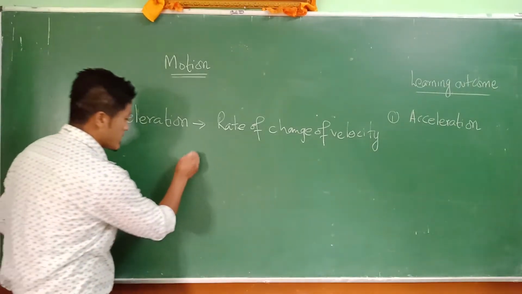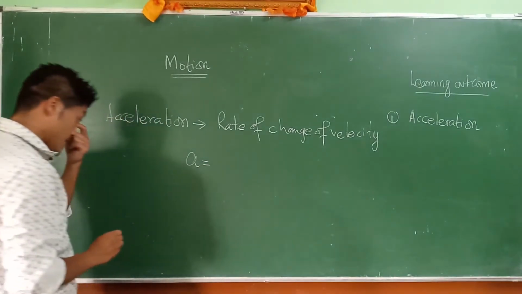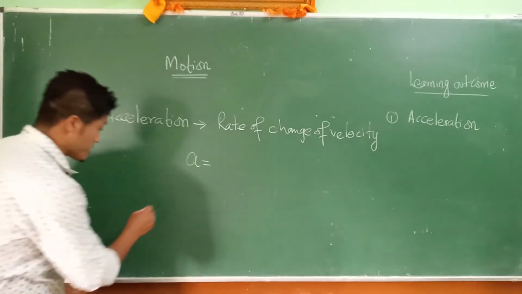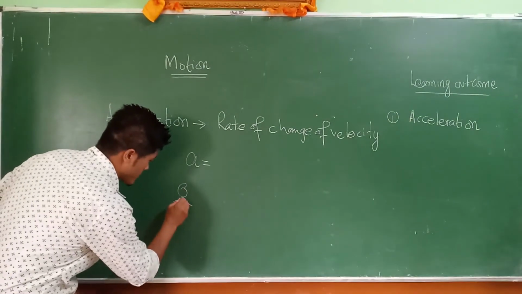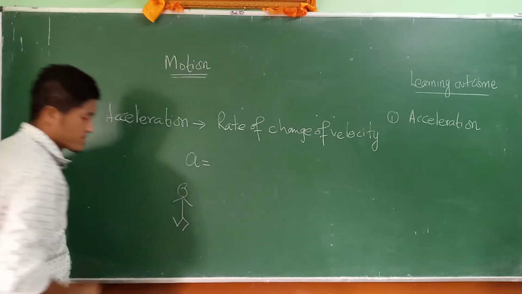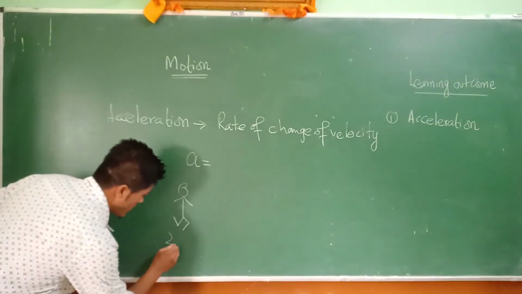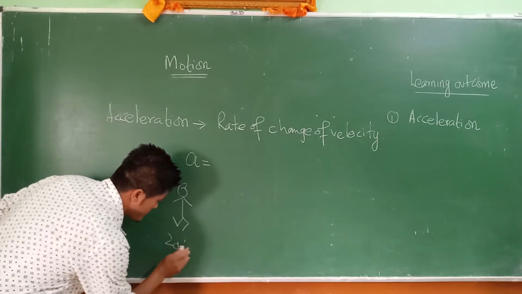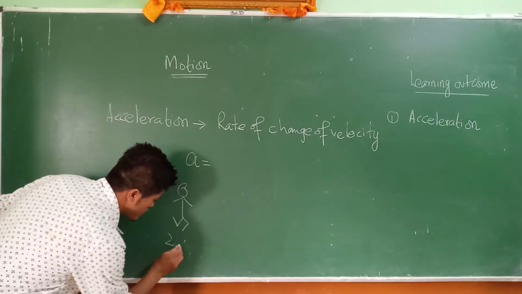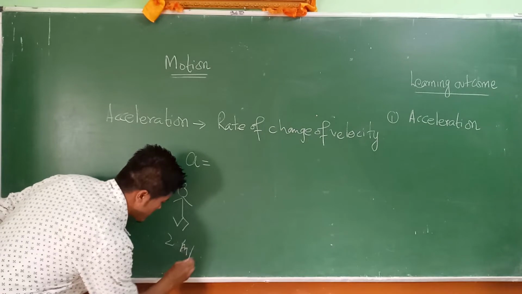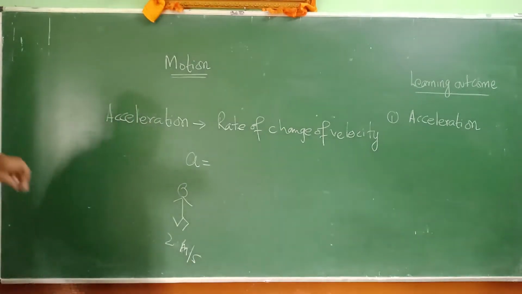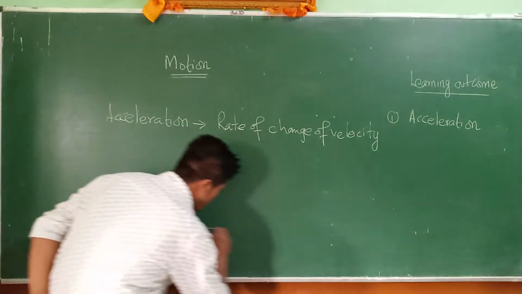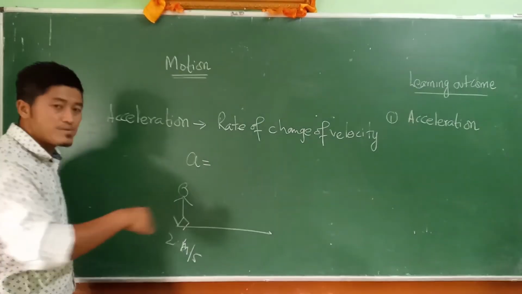For example, now let us imagine there is a person who is running at a velocity of, let's say, 2 meters per second. Now suddenly this guy speeds up.